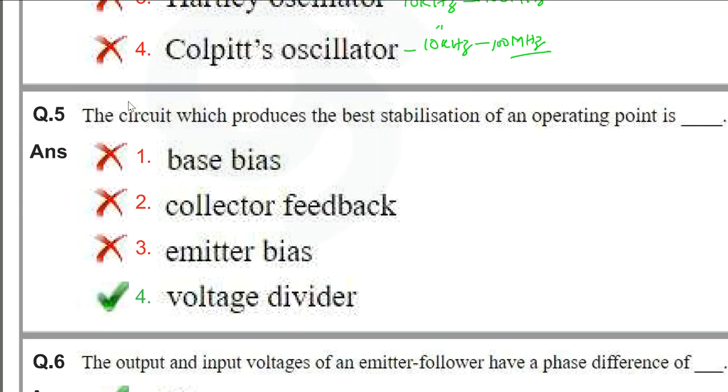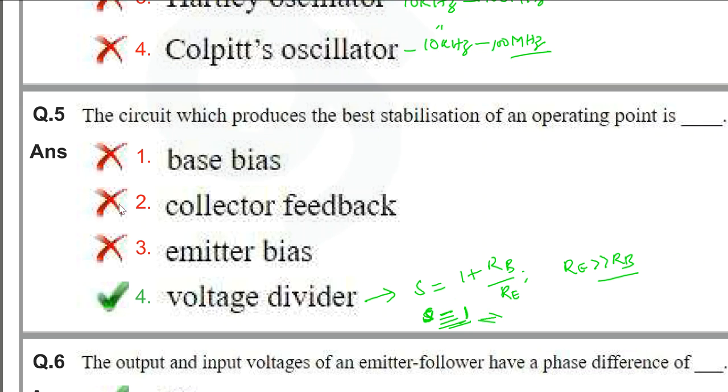Next one. The circuit which produces the best stabilization of an operating point. Here the best stabilization is the voltage divider bias. The stability factor is approximately 1 plus RB by RE, so base resistance by emitter resistance. Generally RE will be much higher than RB, so the stability factor is approximately 1, which is the lowest value.